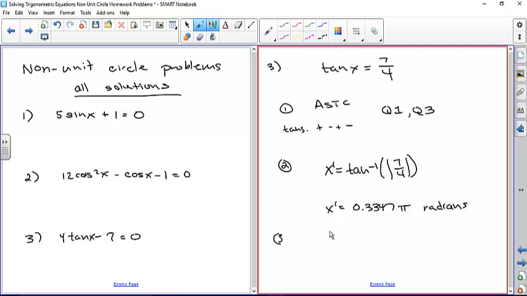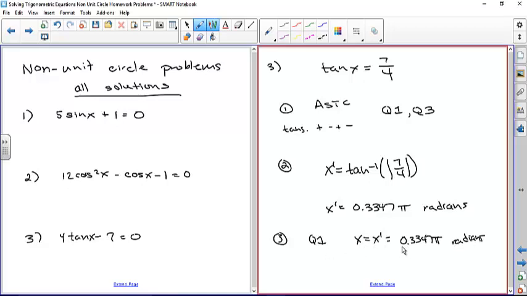Step 3 is to find the solutions. So there's a first quadrant solution and a third quadrant solution. So Q1, the angle is equal to the reference angle, or 0.3347 pi radians.